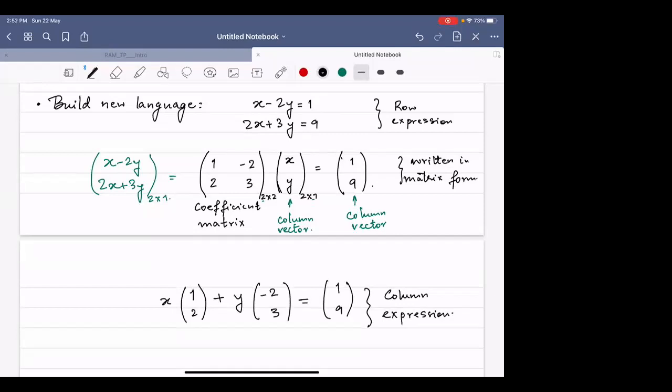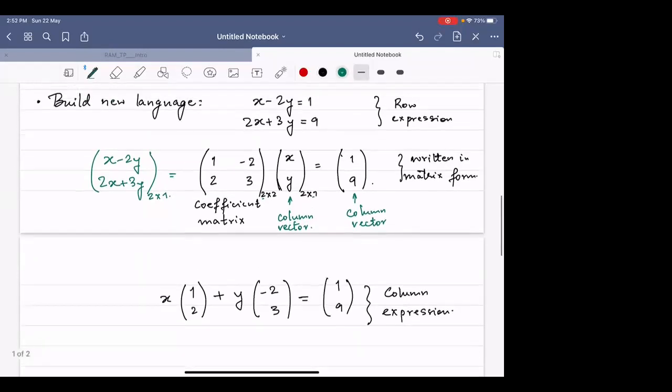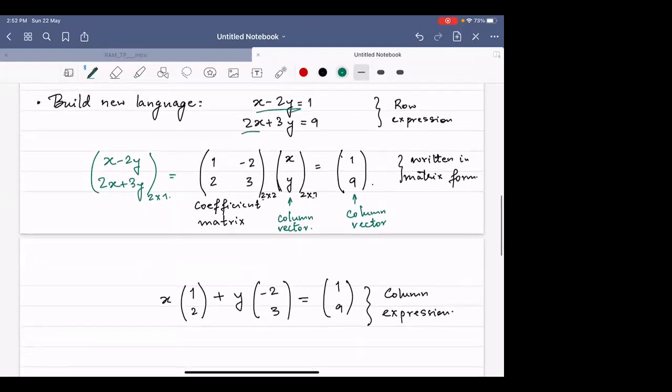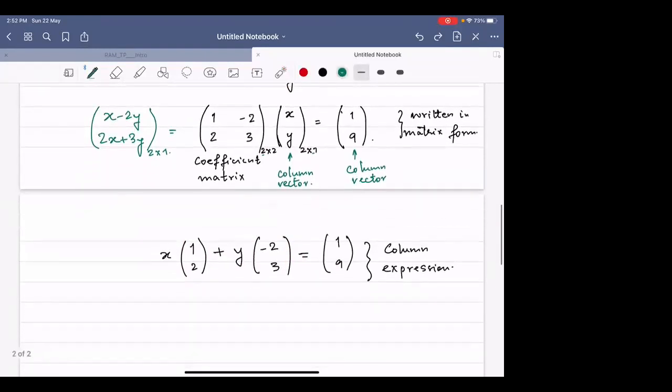Okay, so now what have I done here? I have expressed these equations as x times a column vector plus y times a column vector equal to a column vector. So this is expressed as a sum of vectors, right?